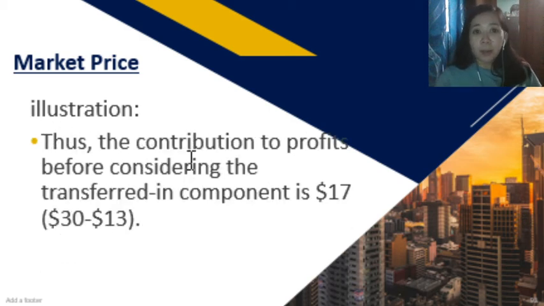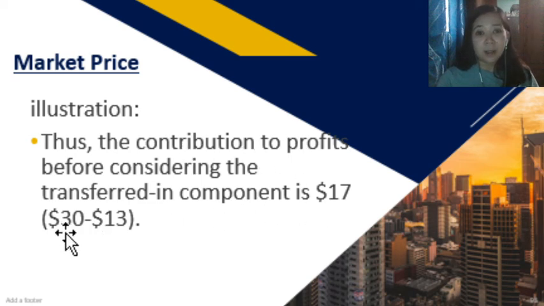For the motor division, the contribution to profit before considering the transferred-in component is $17. Before considering the transfer price, if the motor division purchases from the parts division, the contribution to profit before the transaction is $17.